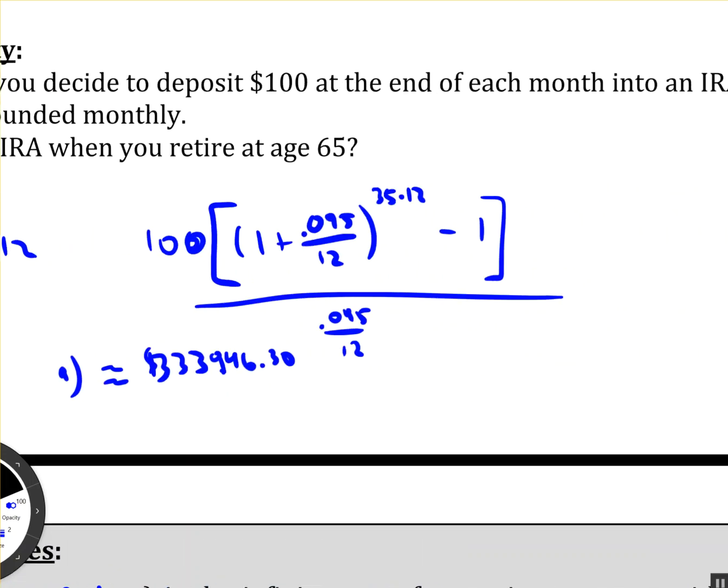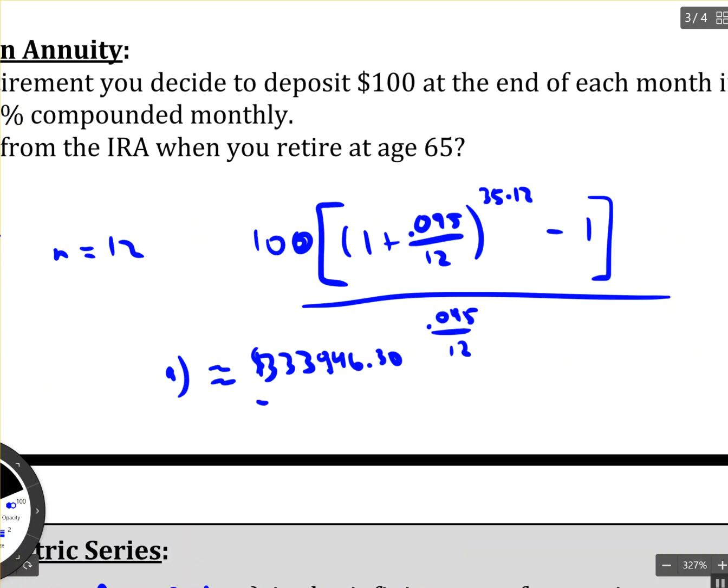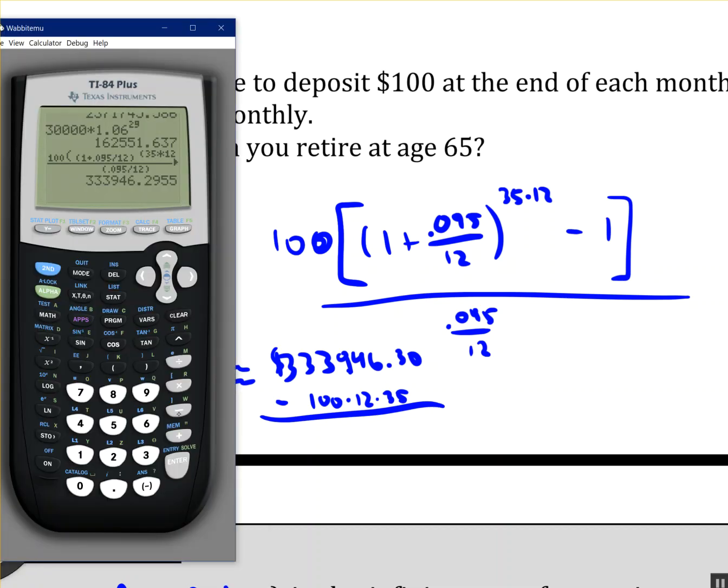Find the interest. If we just want to find the interest, we're just going to subtract how much we paid in. We paid in $100, 12 times a year for 35 years. So minus all of that, times 12 times 35.